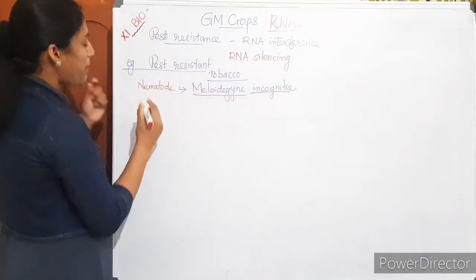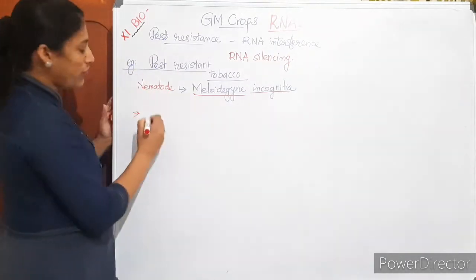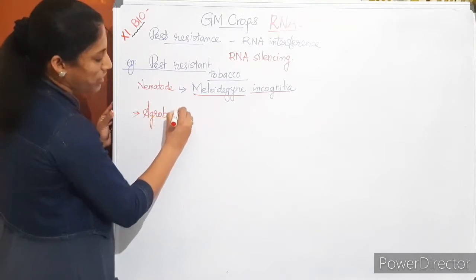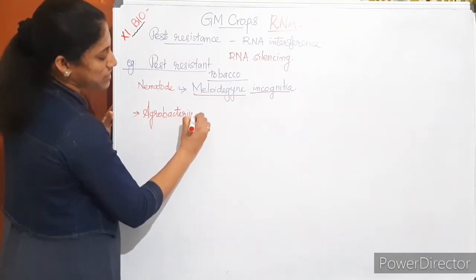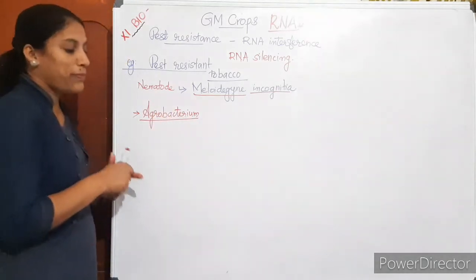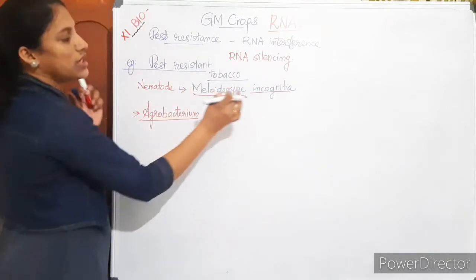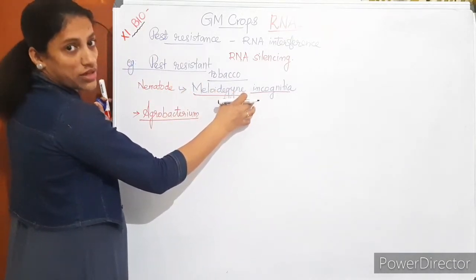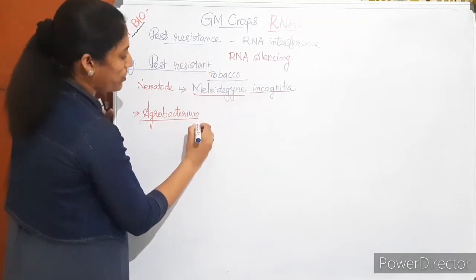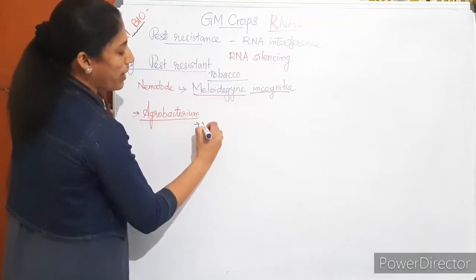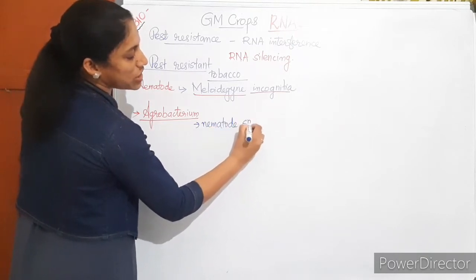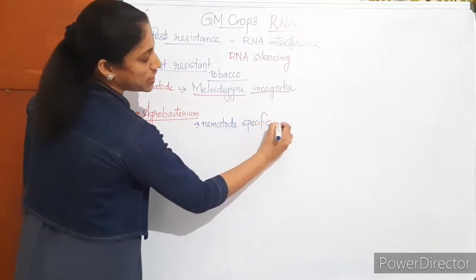At first, in order to transfer to the plant, what is required? Agrobacterium vector. Its plasmid is required. Using agrobacterium, the plant is delivered with the particular gene, I mean the pathogenic gene of this Meloidogyne incognita worm.